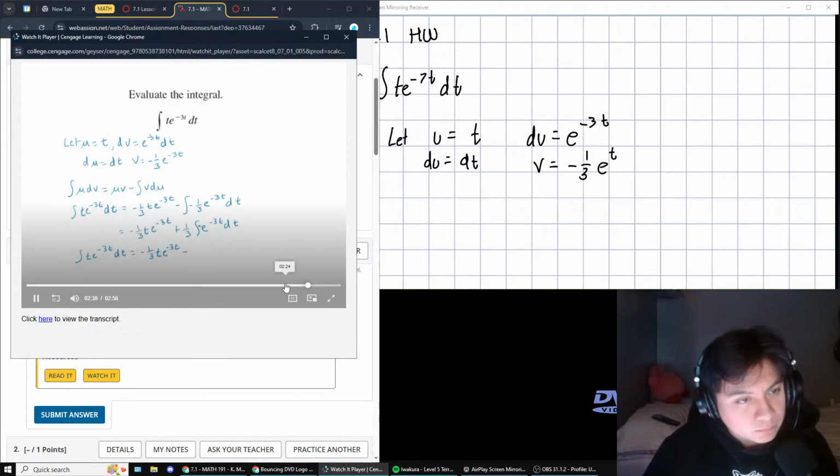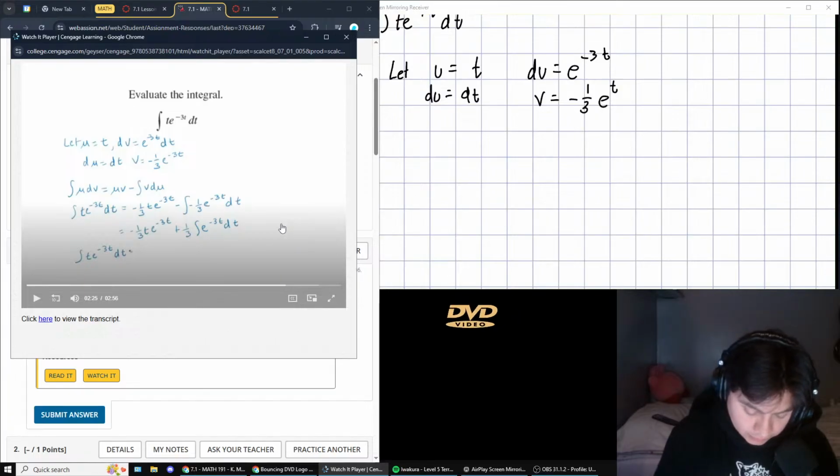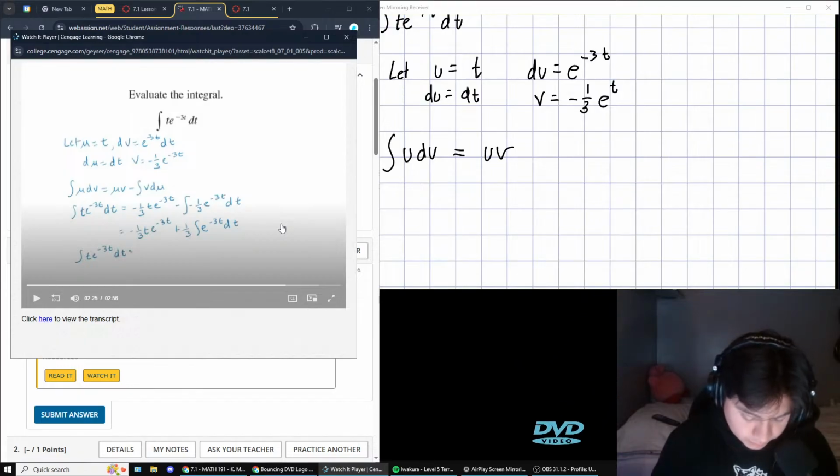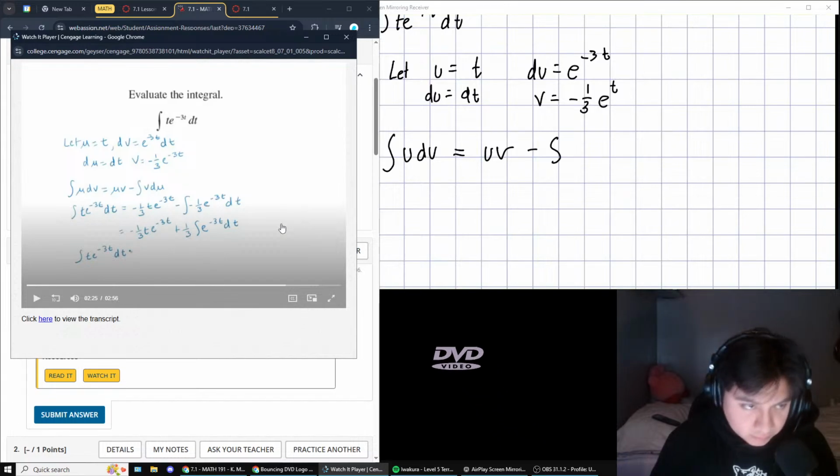Now we set it up as the integral of u dv is equal to uv minus the integral of v du.